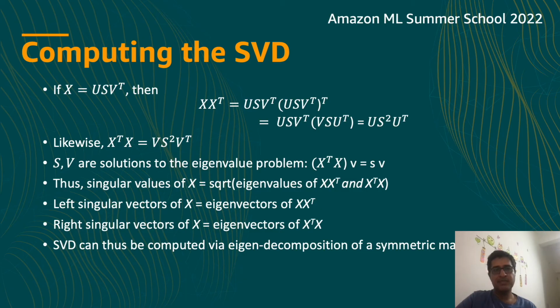So your U, S, V become solutions to an eigenvalue problem, and these are symmetric matrices themselves. X transpose X is a symmetric matrix. So essentially you are able to convert the SVD problem into an eigenvalue identification problem, right?